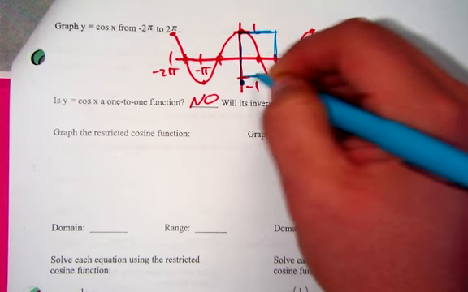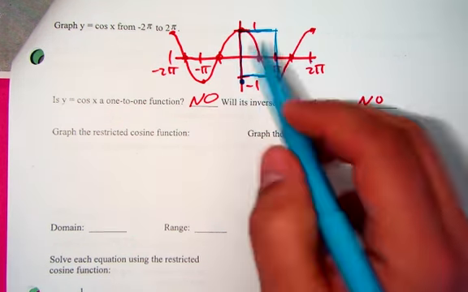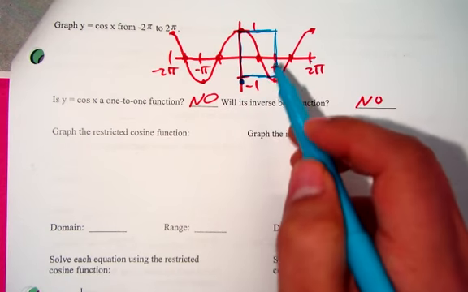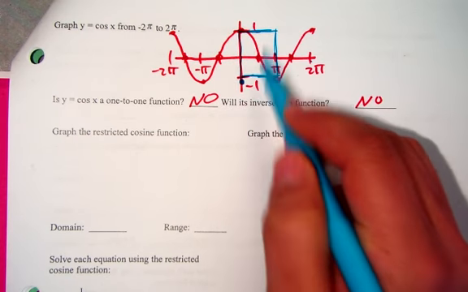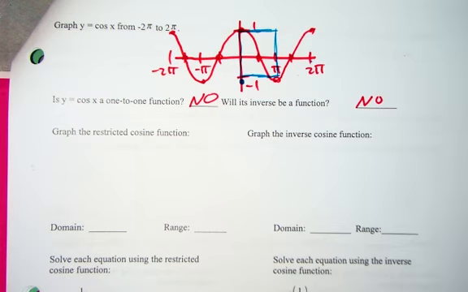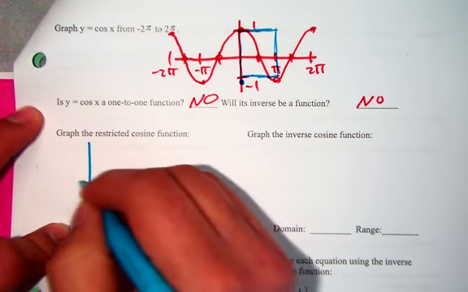If we're trying to keep things as easy as possible, 0 is usually a good number to use, right? And we want to go positive rather than negative. Doesn't matter that we're going down as opposed to up, okay? As long as we hit everything from 1 to negative 1 in this little box, then we're good. So this picture right here is the restricted cosine. So let's graph that very carefully.